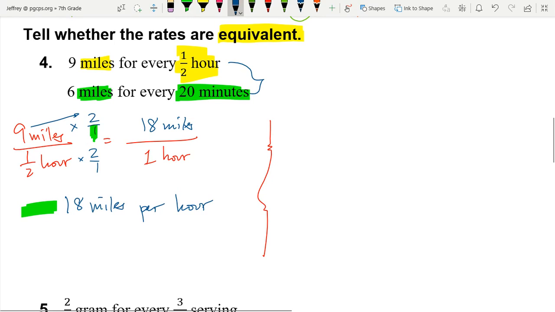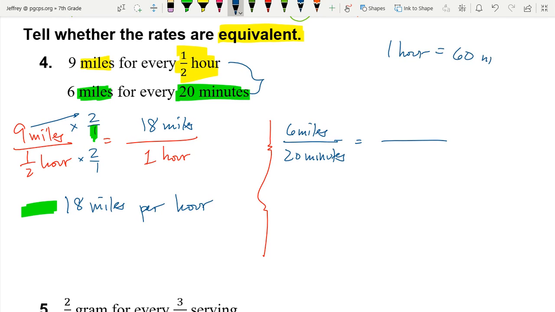Now let's move on to the second statement. It says 6 miles for every 20 minutes. Now, what do we know about hours and minutes? We know that 1 hour is equal to 60 minutes. So how can we make 20 minutes become 60 minutes? And you're absolutely right.